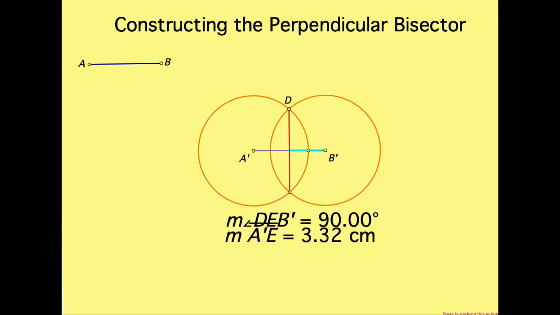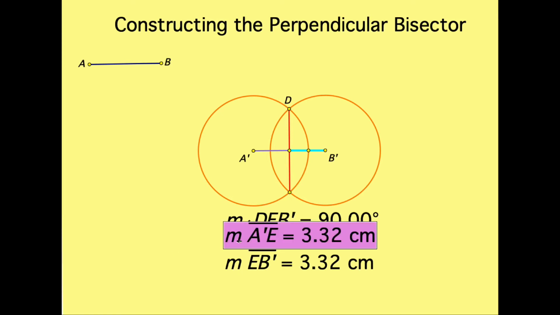And I see that the distance between A prime and this point is exactly the same as the distance between this point and B prime. So yes, we have bisected it because they are in fact the same measure.